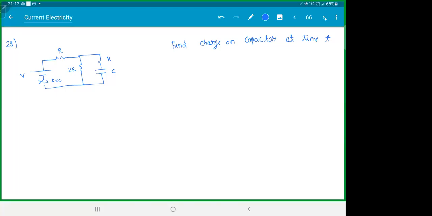So this I'll teach you in two ways. First, I'll teach you with integration, and next I'll teach you a shortcut, a faster way to get the answers for these kinds of questions. But first, let's give it a try, because you should know a general method. A shortcut has its own limitations.